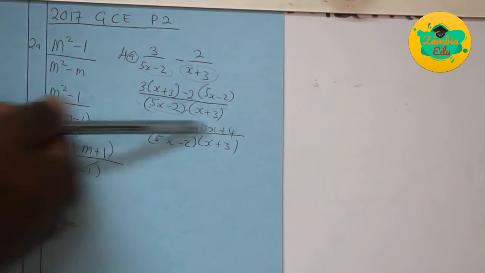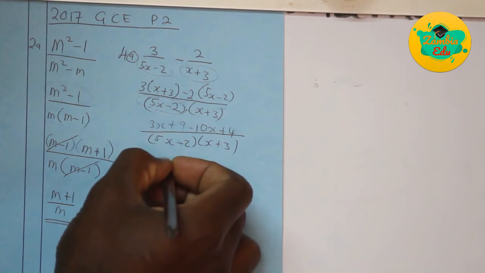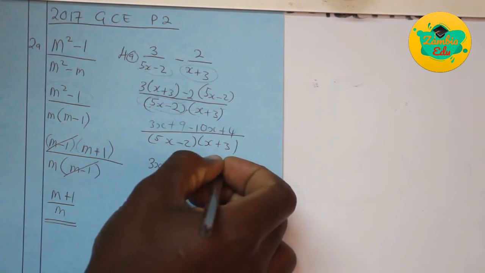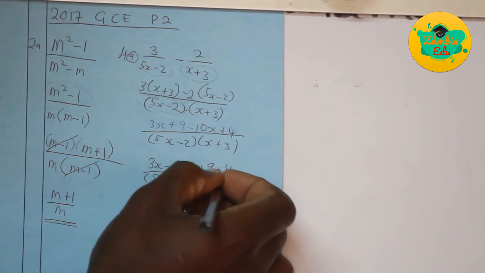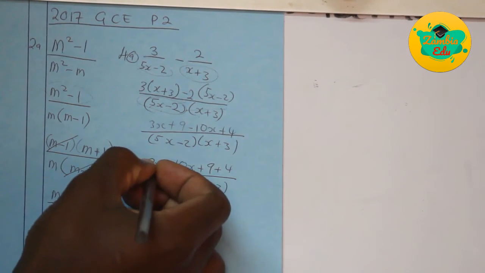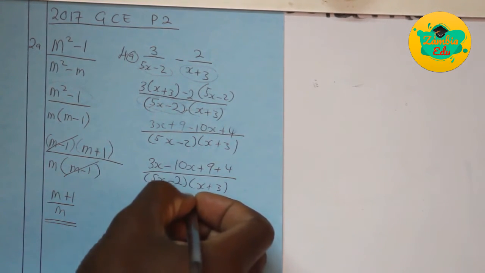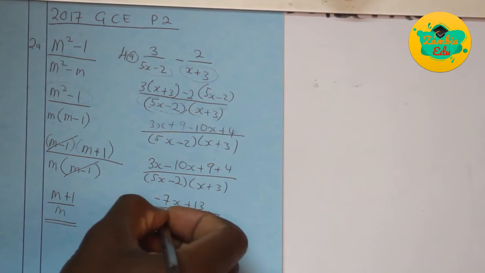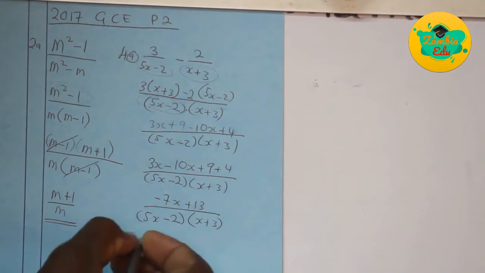Having done that, we group the like terms on top there. So grouping the like terms, we have 3x minus 10x plus 9 plus 4 over 5x minus 2, x plus 3. 3x minus 10x gives us negative 7x plus 13 over 5x minus 2, x plus 3.